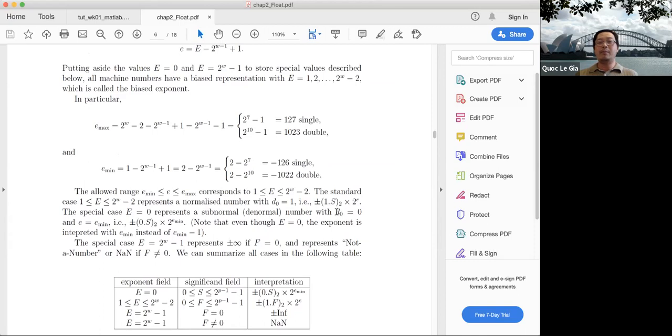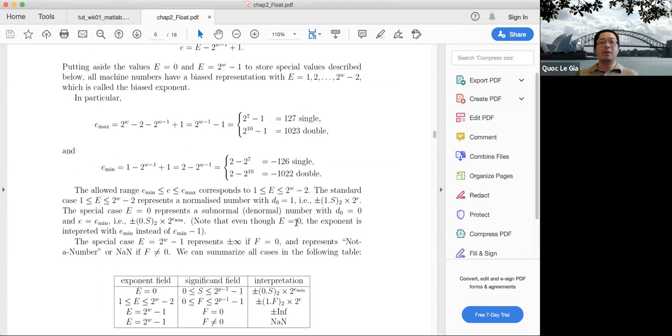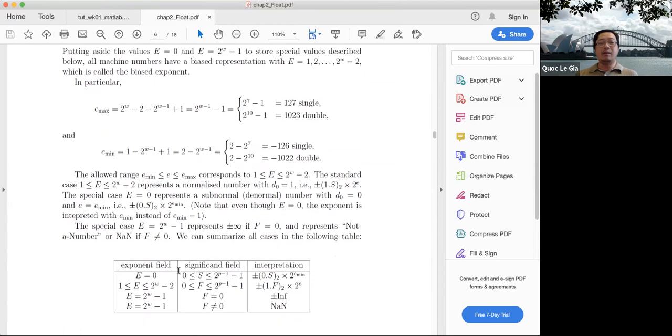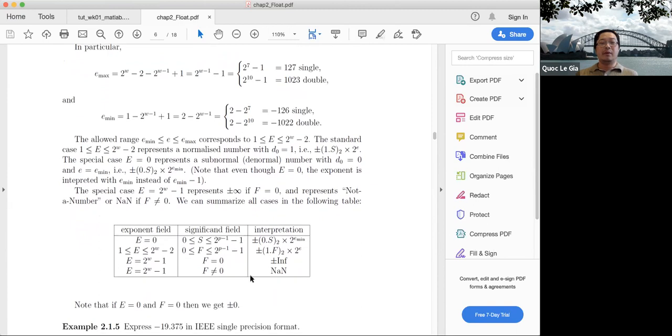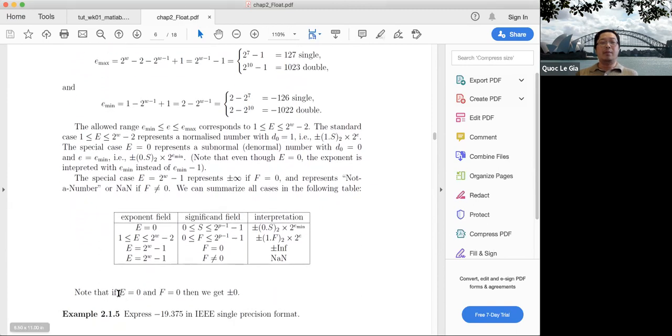The subnormal numbers start with the digit 0, and in this case, you can store the number 0. So if E equals 0 and F equals 0, then you get plus or minus 0, which is still equal to 0, because the sign plus or minus is still there.